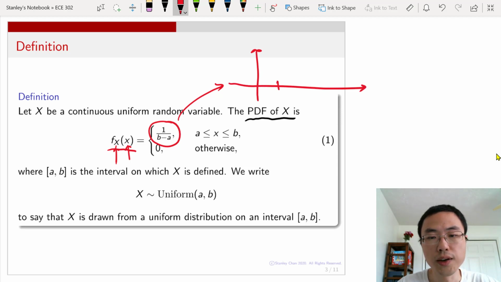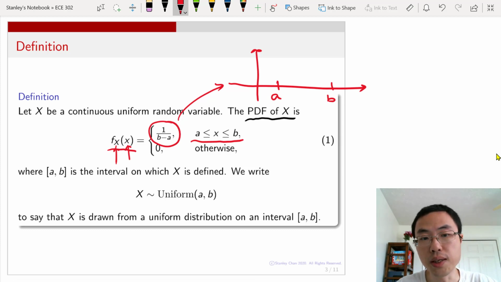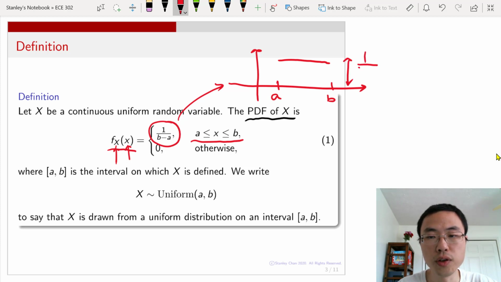Suppose that we have a point A and then we have a point B, as suggested by this equation here, where x is between A and B. When x is between A and B, this function takes a constant value, a straight line with a height of 1 over b minus a, which is given by this quantity here.